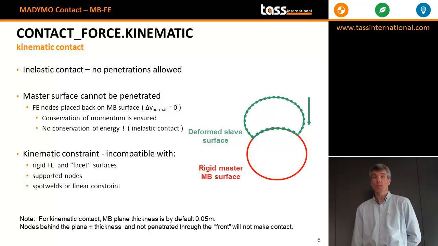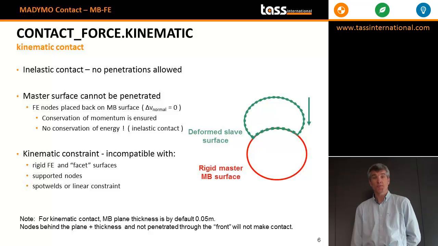Well, you can imagine that then you run into trouble if you have a facet surface, because a facet surface is supported by bodies and those nodes are not supposed to move. So you have something like what we call a double constraint. On the one hand, the contact says, well, you have to move in that direction, but the support of the facet surface says, well, no, you have to stay at that position.